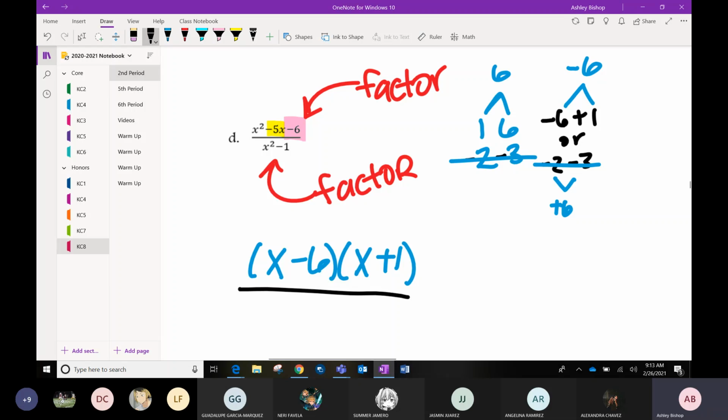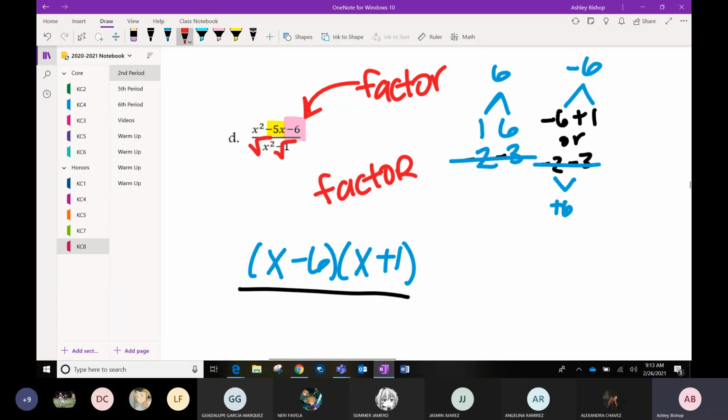I can factor the bottom because remember, I have two things. This is what I want you to get better at noticing. I have two things that are being subtracted here. I can take the square root of both of them, the square root of x squared and the square root of 1.